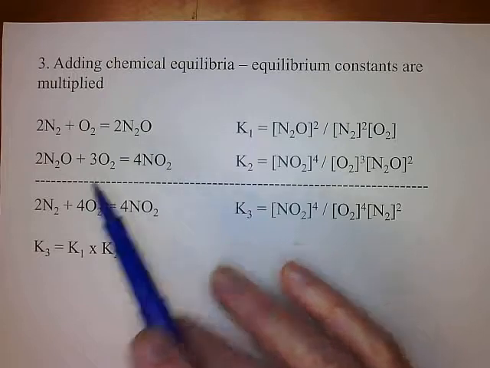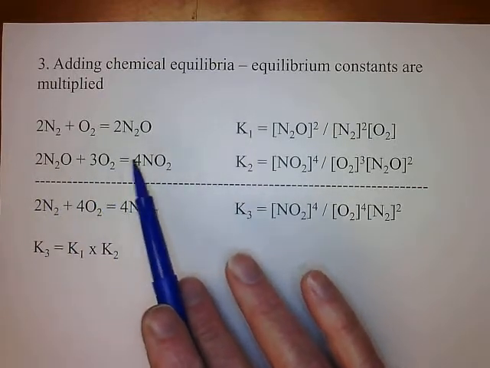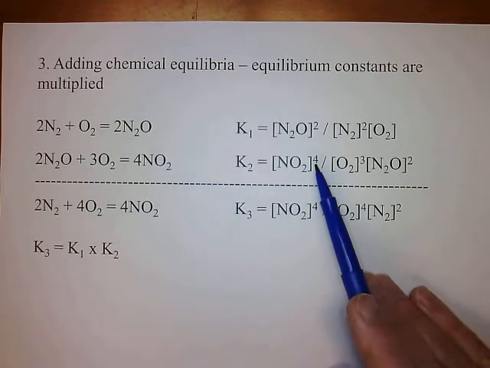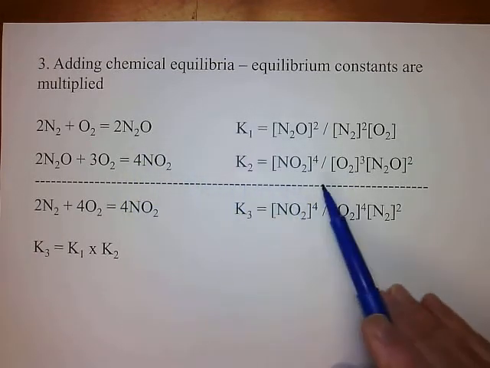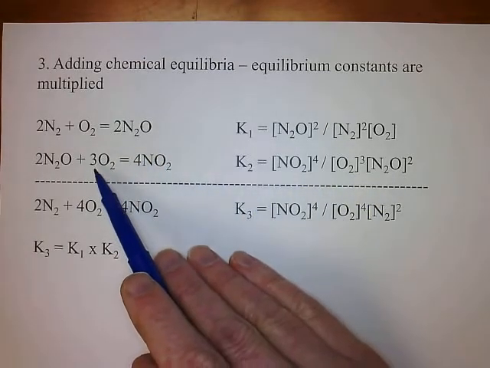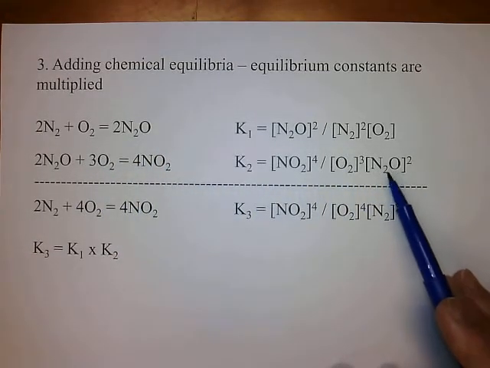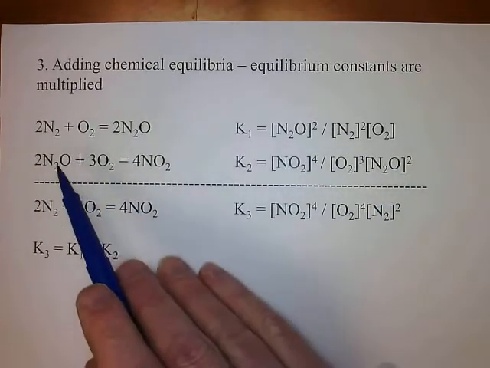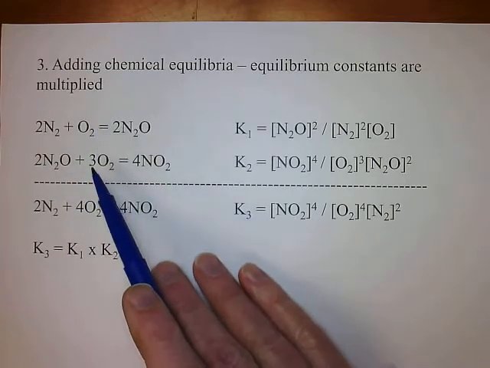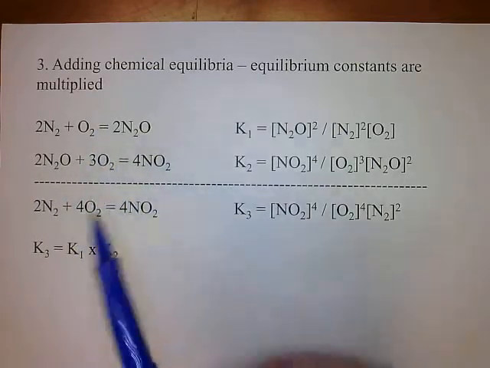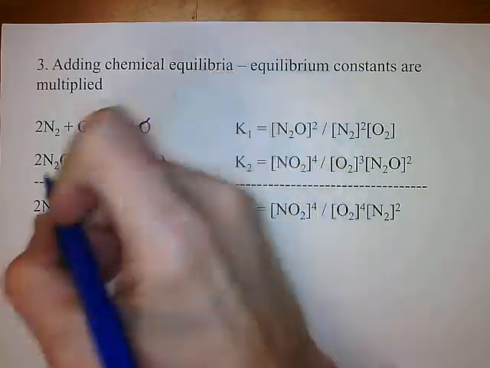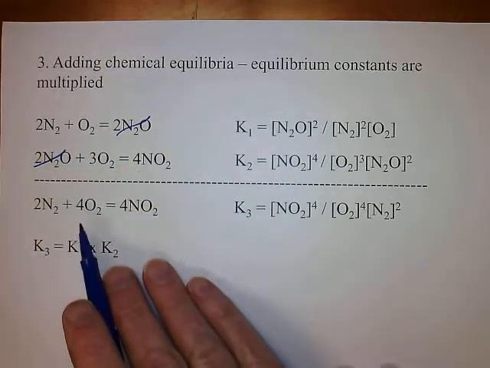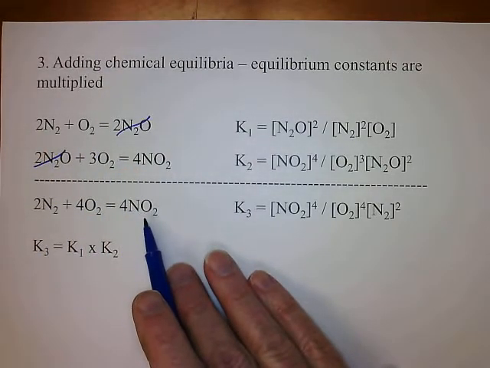And the second reaction: N2O plus 3O2 makes 4NO2. So the concentration of NO2 raised to the fourth power divided by the concentration of O2 raised to the third power times the concentration of N2O. Now, if we add these two reactions up, our N2Os would cancel, and we're left with 2 N2s and 4 O2s make 4 NO2s.